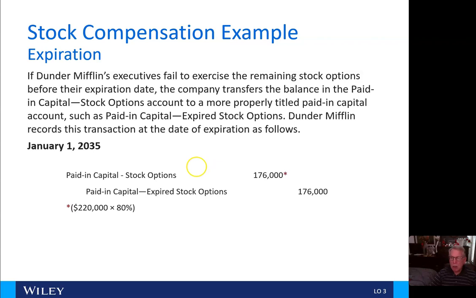Dunder Mifflin is going to record this transaction at the date of expiration as follows. So you'll remember that we've exercised 20%. So that leaves us with 80% of 220,000, or 176,000. We'll debit paid in capital from stock options and move that into paid in capital expired stock options for 176,000.